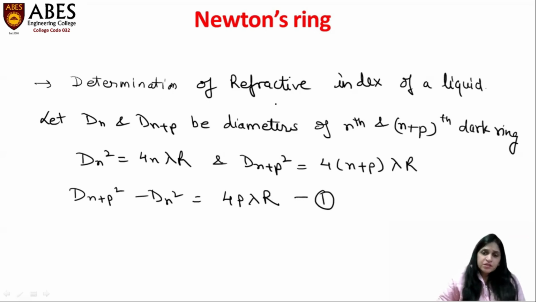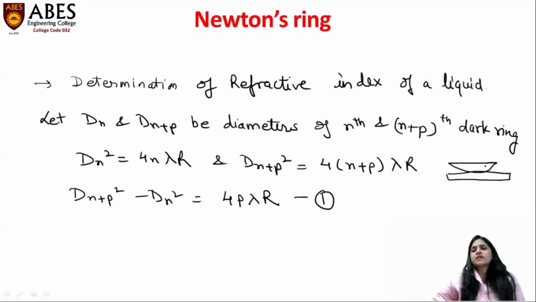Now, if I draw a diagram, this diameter equation that we have written is the case when there is nothing in the air film. So it is only an air film with an angle theta.